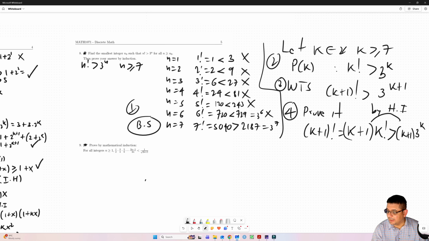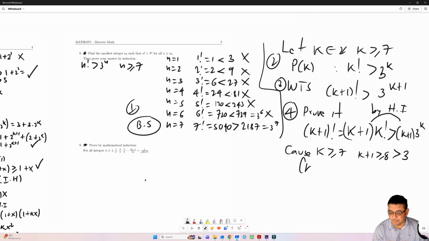Now, at this point, notice that because k is bigger than 7, in particular, that means that k plus 1 is going to be bigger than 8, which is going to be bigger than 3.